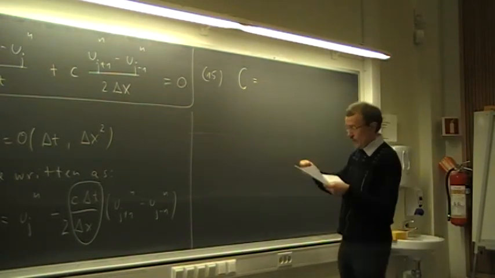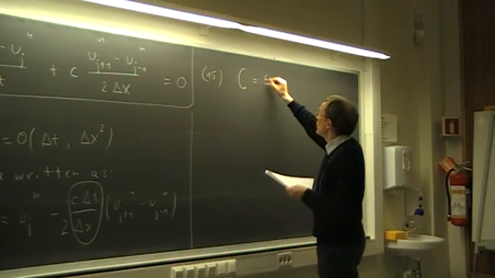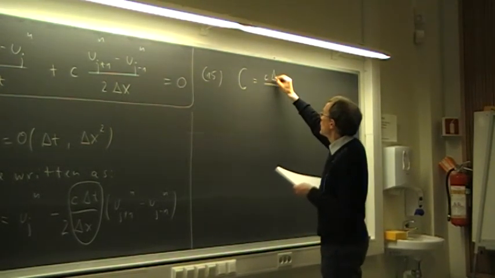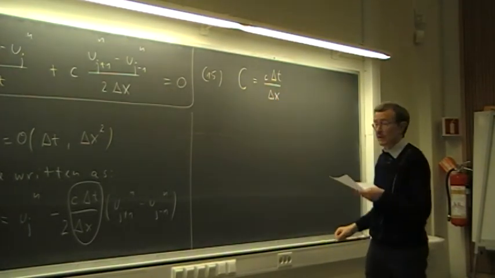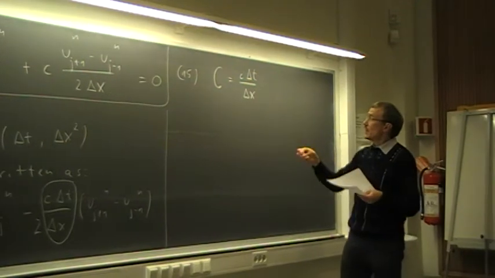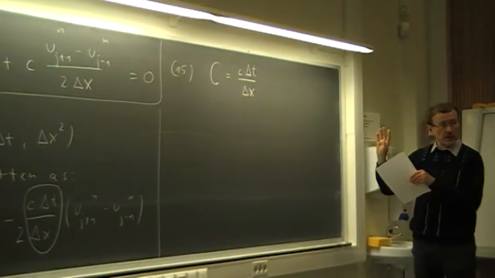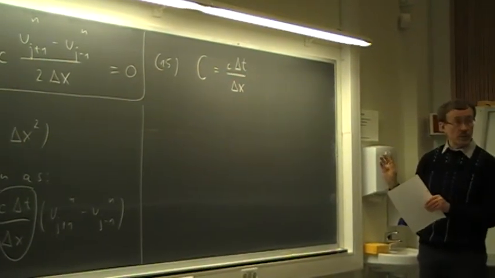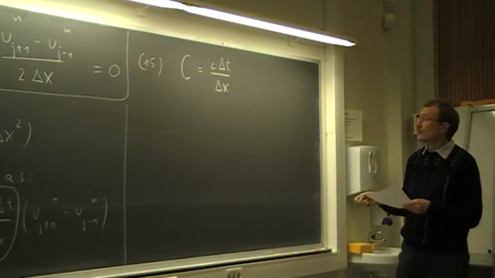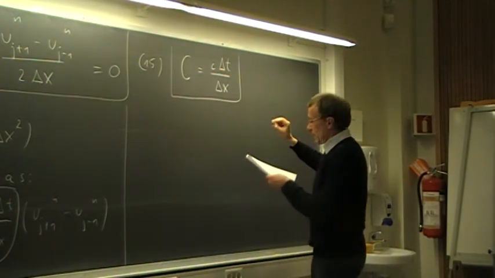So therefore we call it big capital C. That is defined as the advection velocity c times the time step delta t divided by the grid spacing delta x. So physically it's the ratio of the distance traveled by our advected quantity u in the time delta t with respect to the grid spacing. And that is called Courant number.